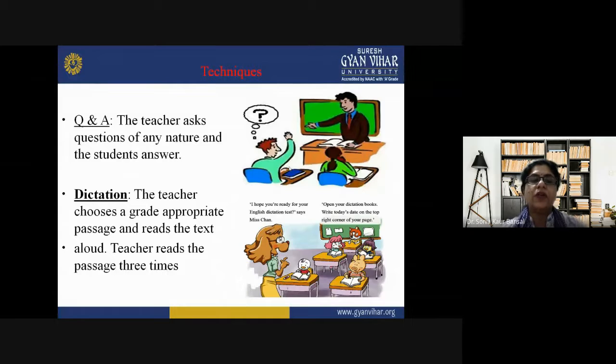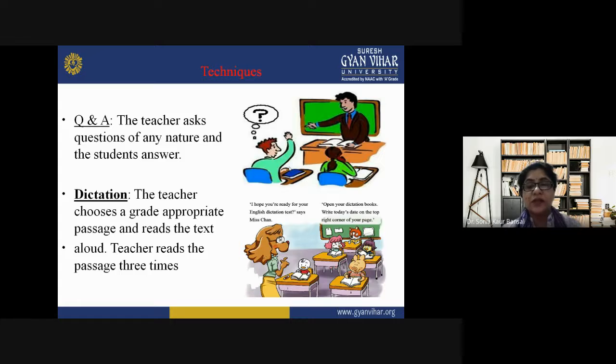First of all, the teacher asks questions in any form, and the student answers. The teacher chooses a grade-appropriate passage, either of 10th standard or 6th standard. You must take care which standard you are choosing a paragraph for. And then the teacher reads the text aloud, 3 times.